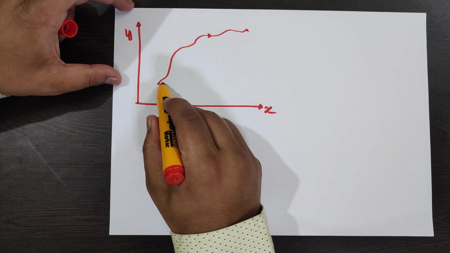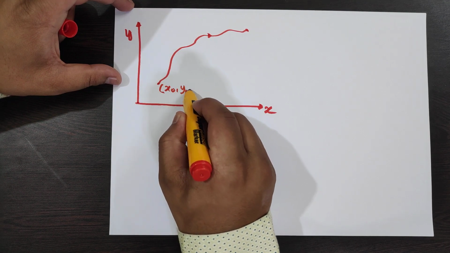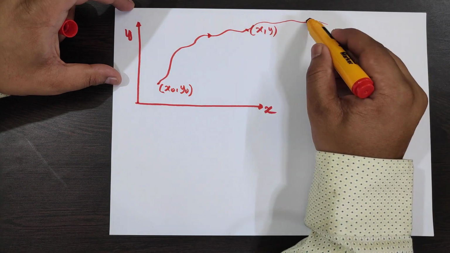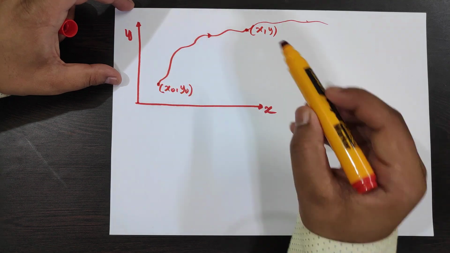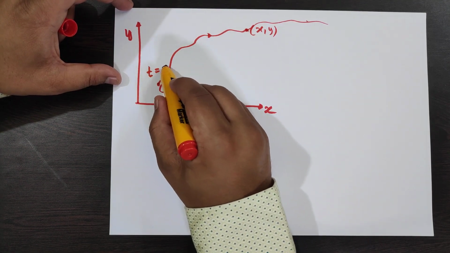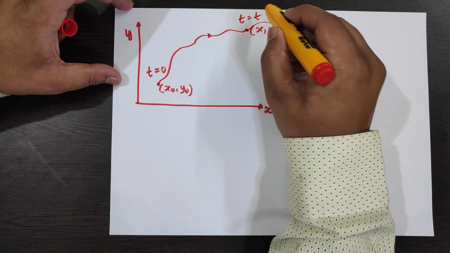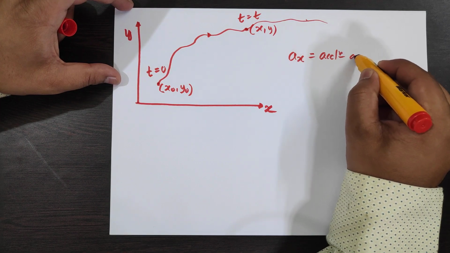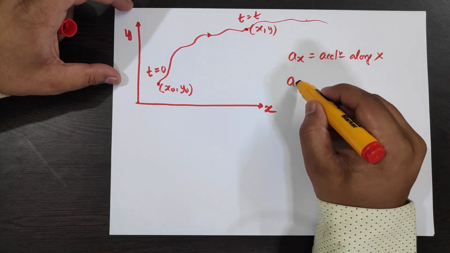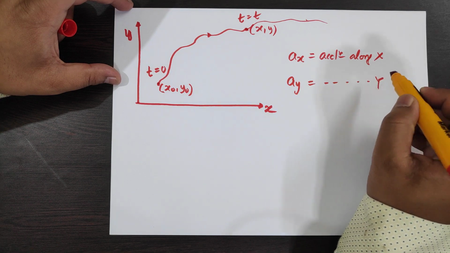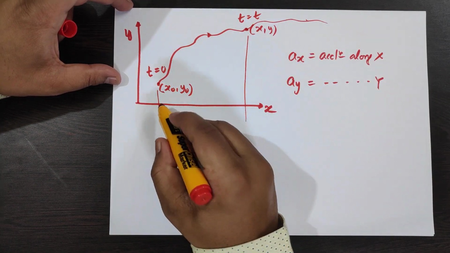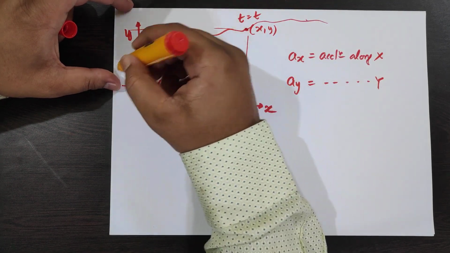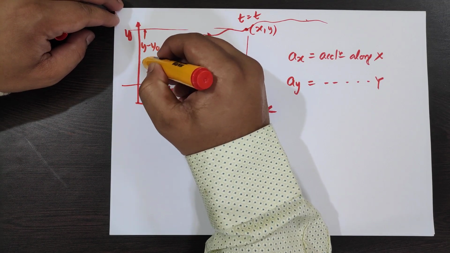So the initial coordinates of the particle are x naught, y naught, and at a certain time the coordinates are x and y. It may travel further. This is at time t equal to 0 and this is at time t equal to t. Suppose ax is the acceleration along x and ay the acceleration along y. So what is the displacement on the x axis? Displacement is x minus x naught, and the displacement along the y axis is y minus y naught.